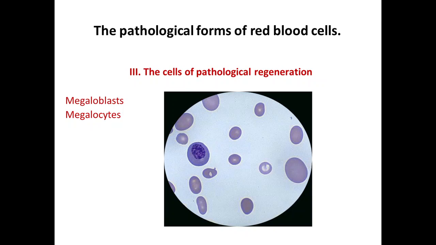So, megaloblasts and megalocytes can be found only in B12 deficiency anemia. Megaloblasts contain a nucleus, and megalocytes are large erythrocytes without a nucleus. The MCV index of such megalocytes will be more than 120 femtoliters.